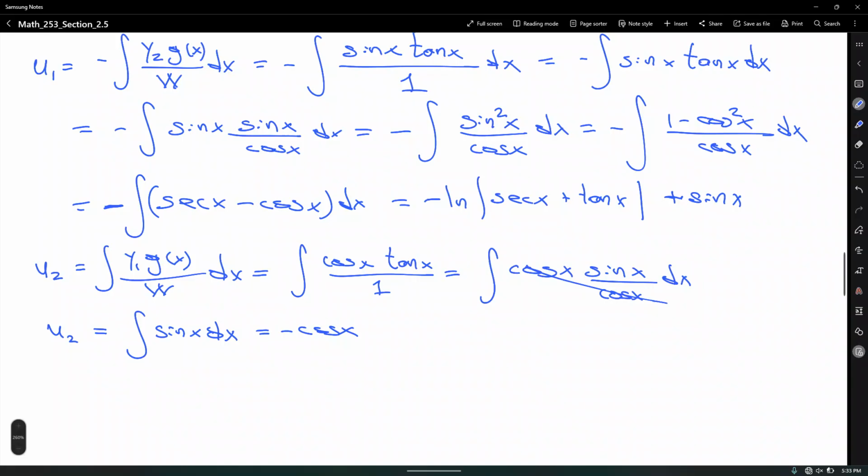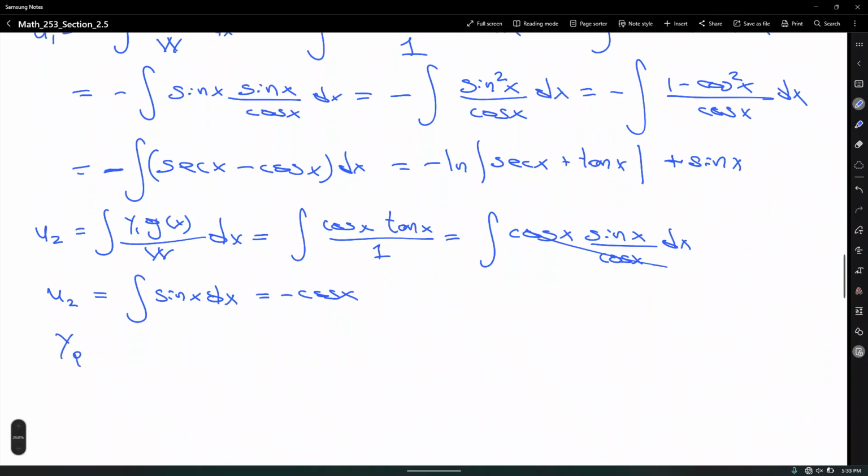So we have everything we need. We have our u1, u2. We already had y1 and y2, from which we took advantage of the same result from the previous example. So y sub p, which is u1 y1 plus u2 y2. What did we get for U1?